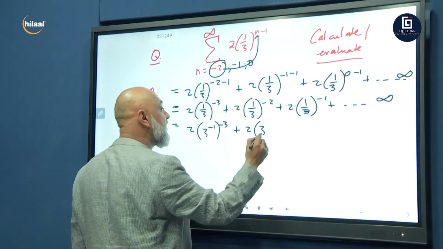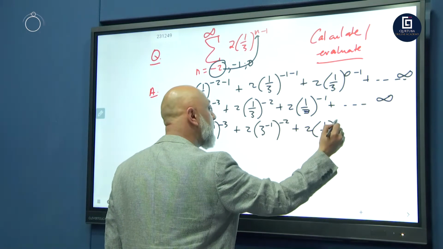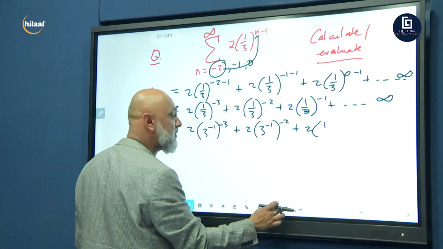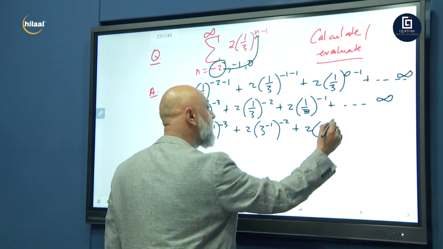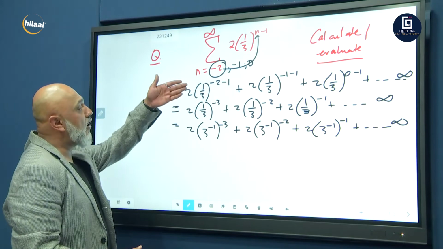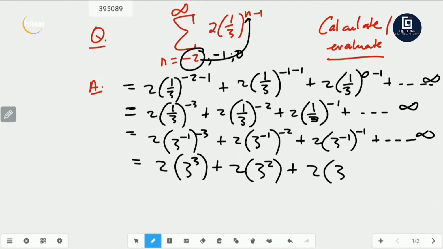Plus 2 into 3 to the minus 1 to the minus 2, plus 2 into 3 to the minus 1 to the power minus 1, plus dot, dot, dot. I'm just simplifying. Negative times negative is a positive, so it's 2 into 3 to the power 3, plus 2 into 3 to the power 2, plus 2 into 3 to the power 1, plus dot, dot, dot.